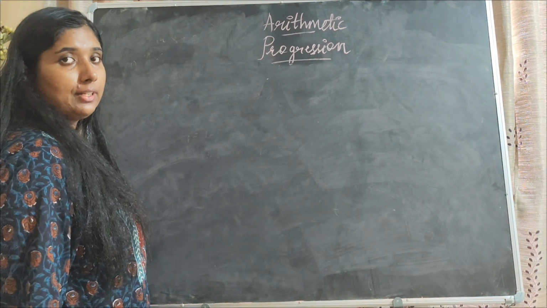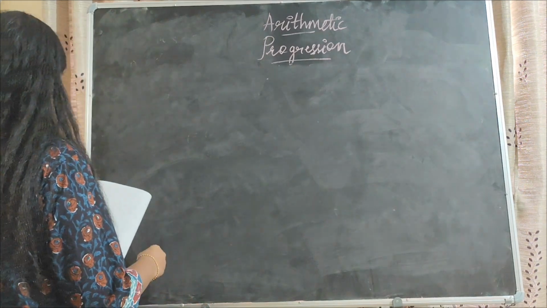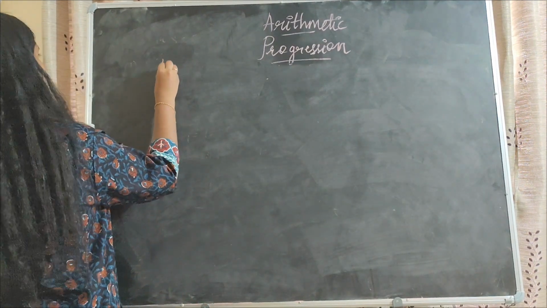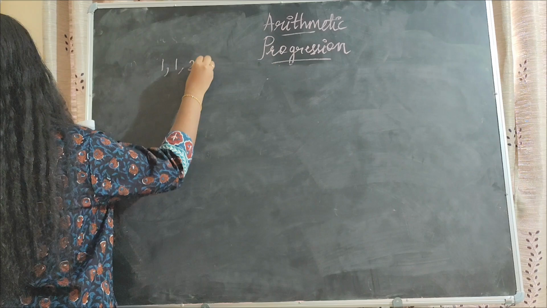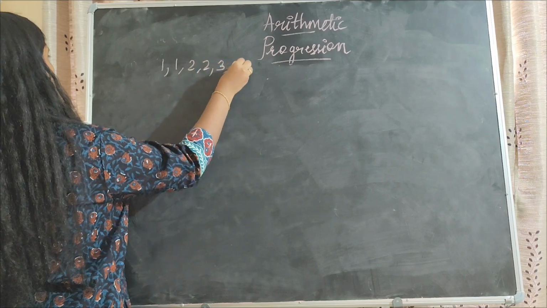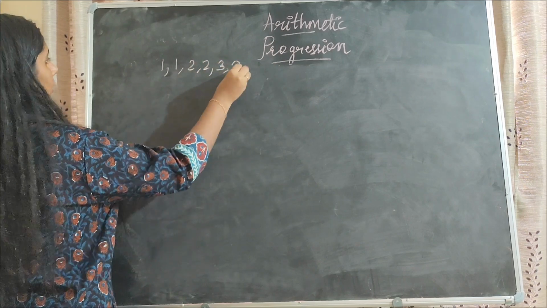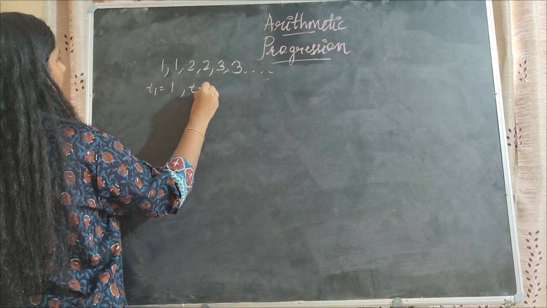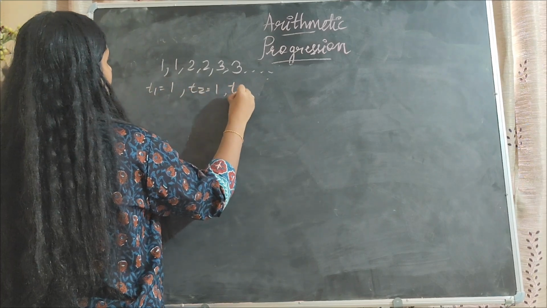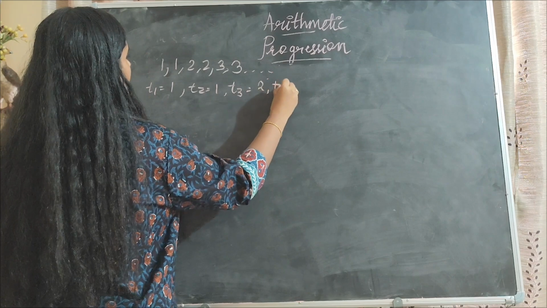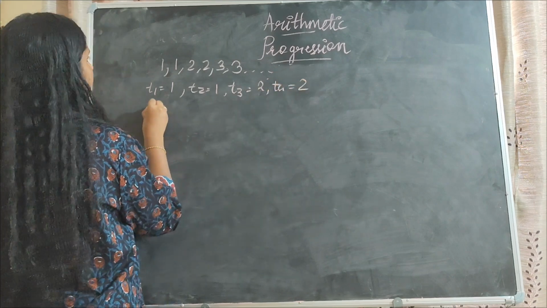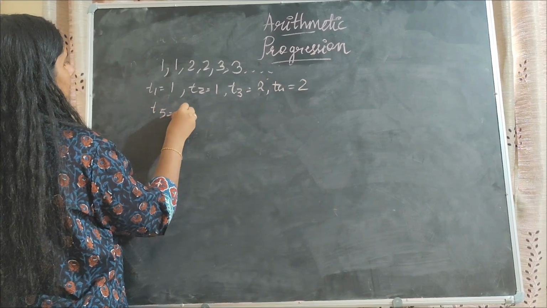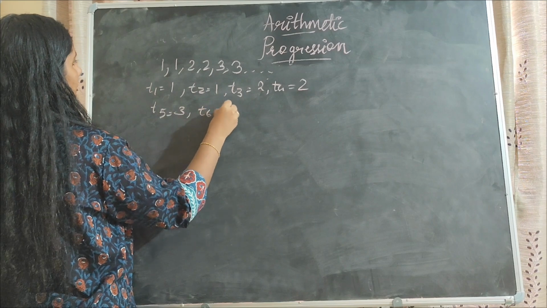Okay, now the next sum. 1, 1, 2, 2, 3, 3. So here T1 is 1, T2 is 1, T3 is 2, T4 is 2, T5 is 3, T6 is also 3.